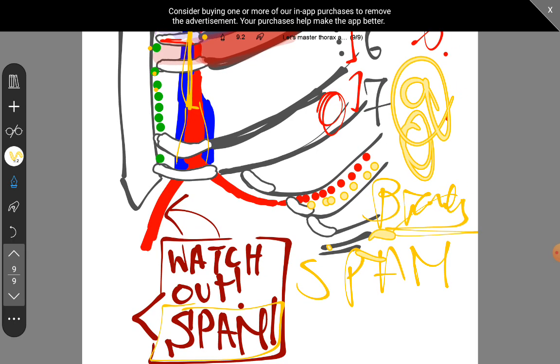So again, branches, there's the word SPAM. S for the superior epigastric, P pericardial, mediastinal, and sternal, P again, perforating 2, 3, and 4 for the medial part of the mammary gland, perforating the internal anterior intercostal, and then the pectoralis major, P again, pericardiacophrenic for the pericardium, diaphragm, and pleura, parietal, of course.